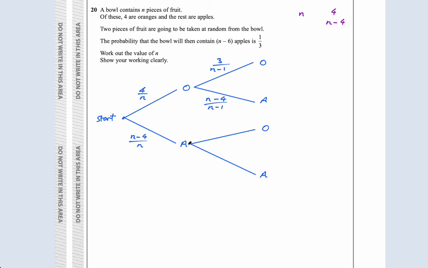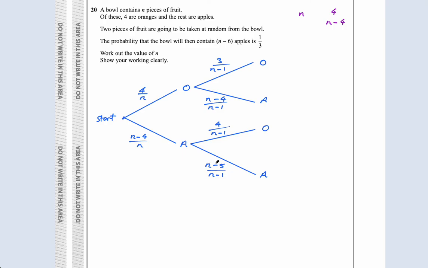If I take an apple, how many oranges are left? Well, there's 4, because there's still 4 oranges since I took an apple. How many pieces of fruit? N minus 1, because again, we're down a fruit because I've eaten an apple. Similarly, this is going to be out of n minus 1, but now there's n minus 4 apples, and if I eat an apple, I'm now going to have n minus 5 apples.